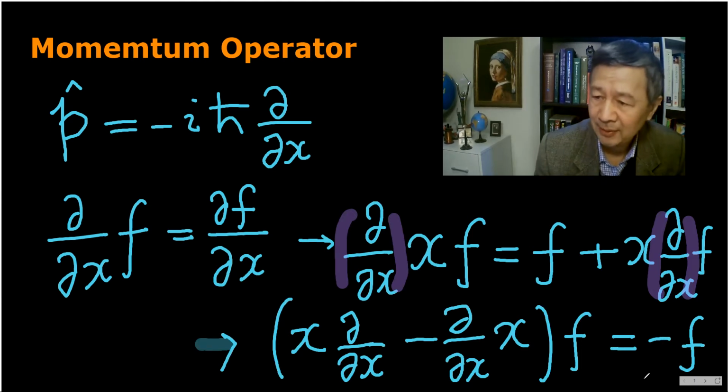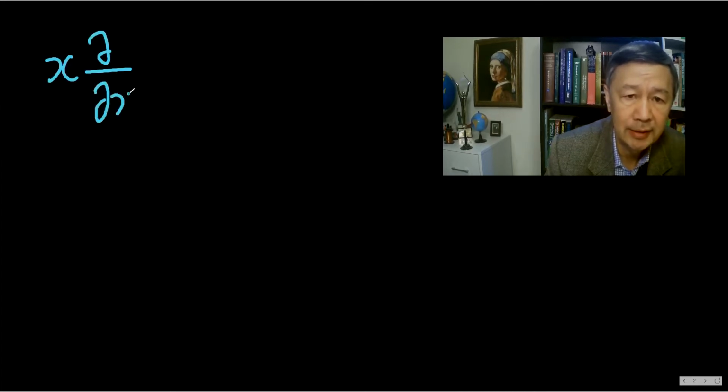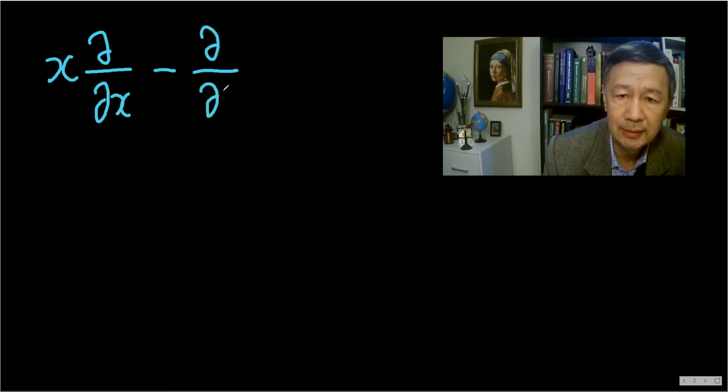Let's go further. If we rewrite the result, we get x ∂/∂x minus ∂/∂x, the partial derivative or simply the first derivative, multiplied by x.